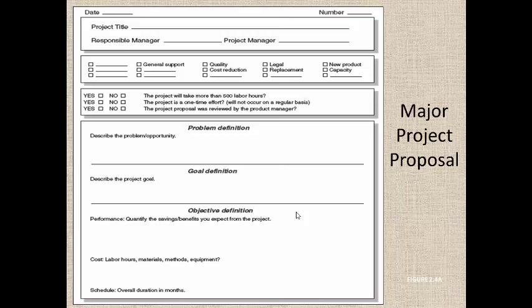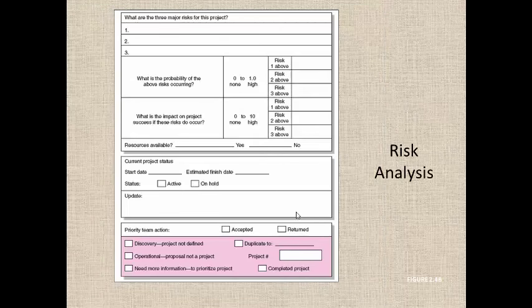In detail, the RFPs the vendors submit, or the project proposals the project managers submit within the organization, need to be evaluated. What are the three major risks for the project? What is the probability of the risk occurring? So basically it is risk evaluation, risk monitoring, and risk quantification.